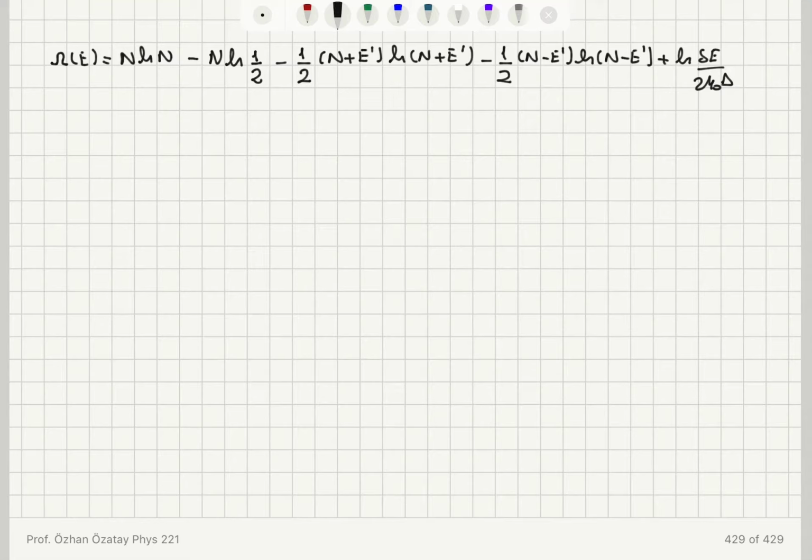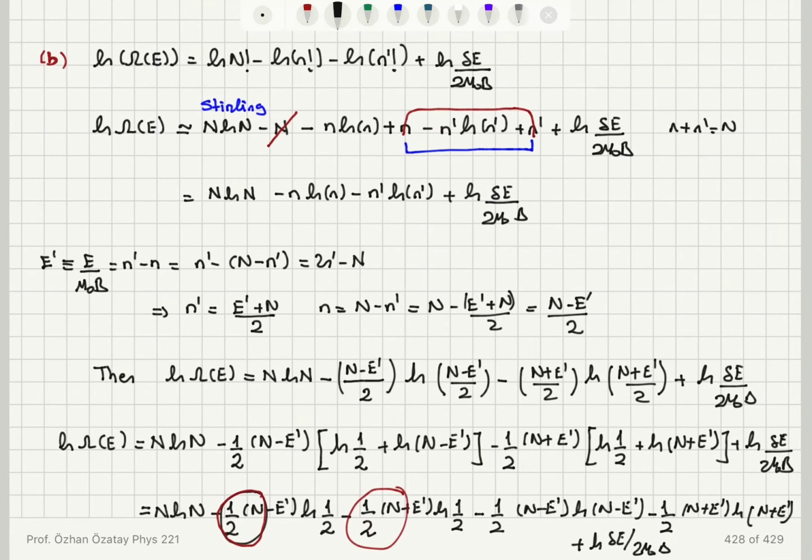So the other term we had was plus 1 over 2 e prime ln 1 over 2, and then we had minus 1 over 2 e prime ln 1 over 2, so those disappeared.